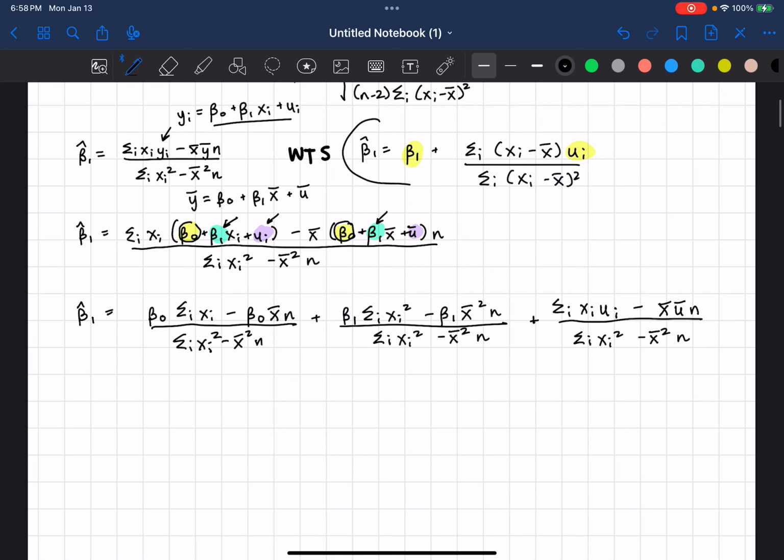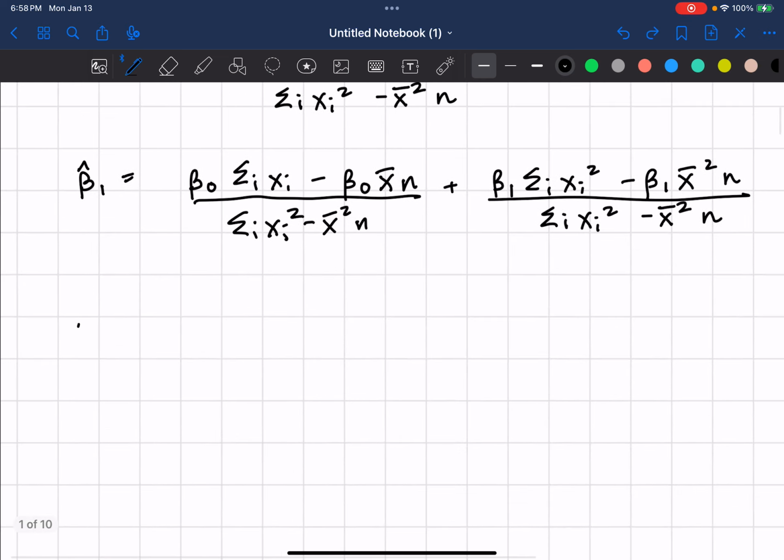Notice that what I want to show doesn't have a beta naught in it. I have to argue why this term goes to 0. And here's how I'll do it. As an aside, I'm going to write this useful fact. X bar is sum i xi divided by n.